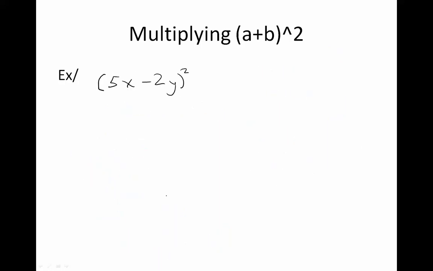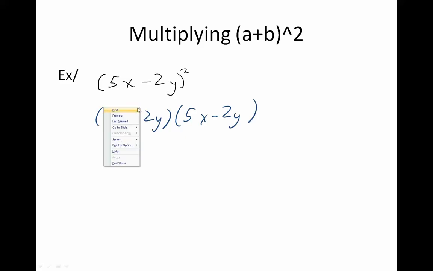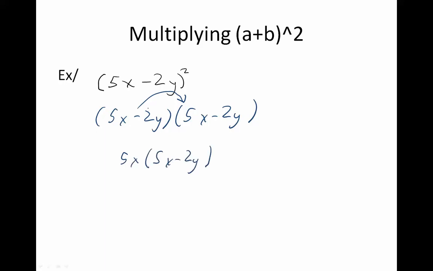Let's do one more before we conclude this video. (5x − 2y) squared. Notice there's x's and y's in this. That's (5x − 2y) times (5x − 2y). Let's distribute this one. (5x − 2y) distributed to the 5x is 5x times (5x − 2y). And then (5x − 2y) distributed to the negative 2y is negative 2y times (5x − 2y).